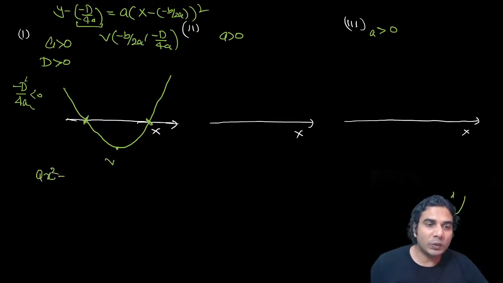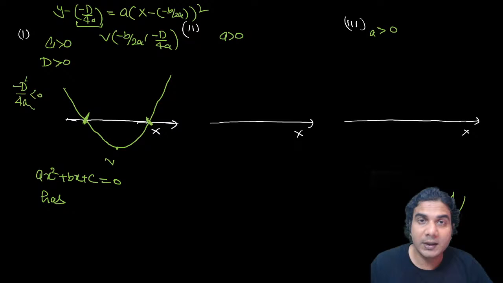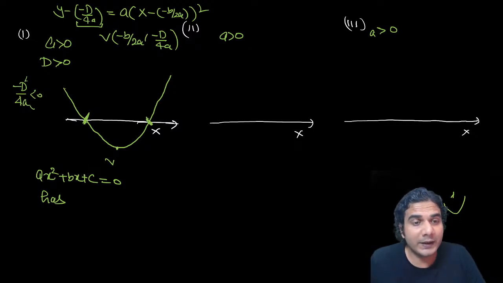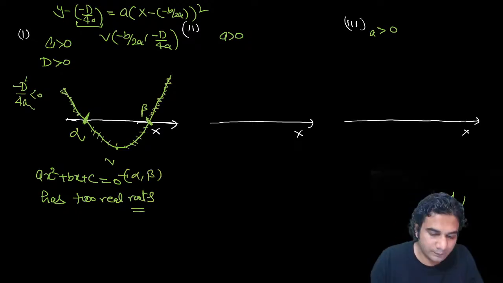That means ax square plus bx plus c is equal to 0 has 2 real roots because this graph cuts the x-axis at 2 distinct points. So that means for these 2 values of x, y will be 0, right? In this equation, y is equal to ax square plus bx plus c. So you can say ax square plus bx plus c is equal to 0 has 2 real roots.